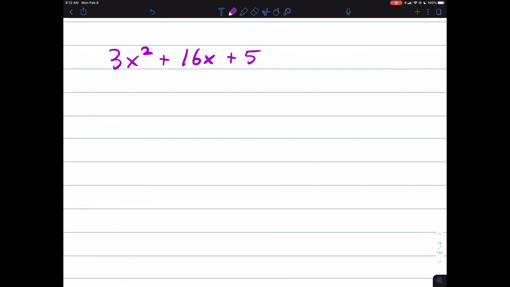So for this one, my A is 3, my C is 5, and my B is 16.